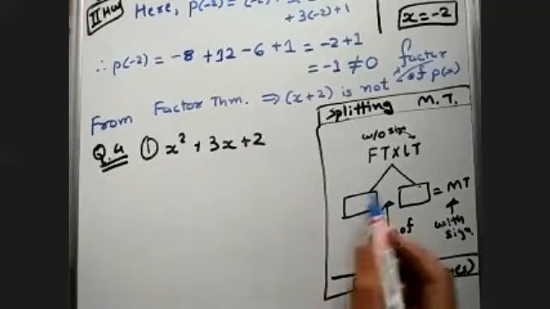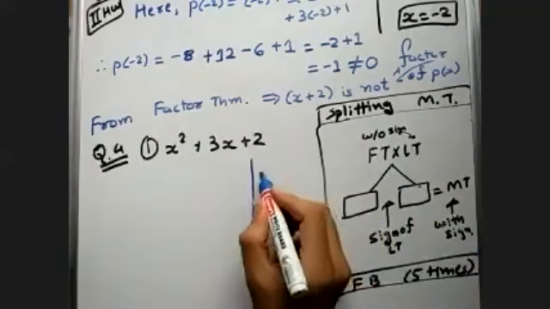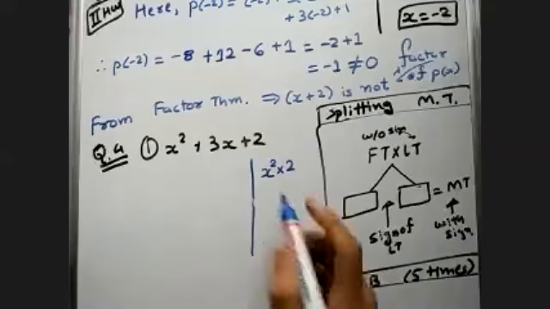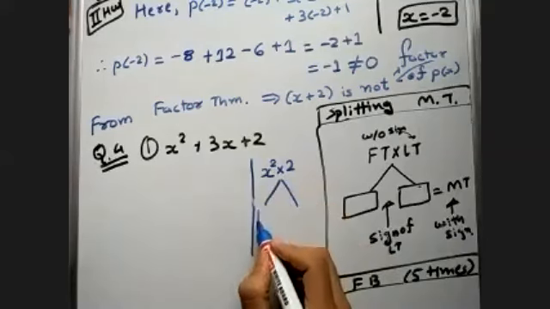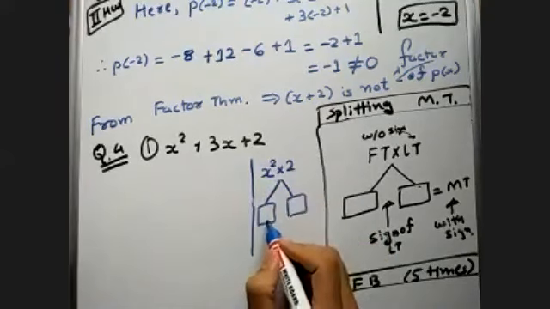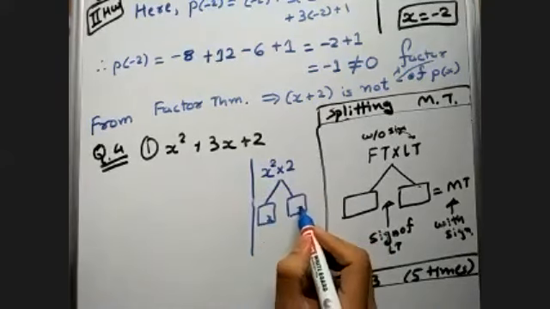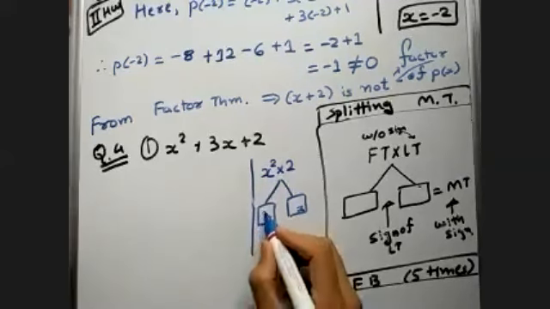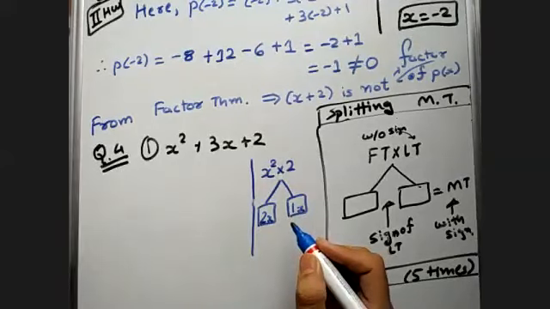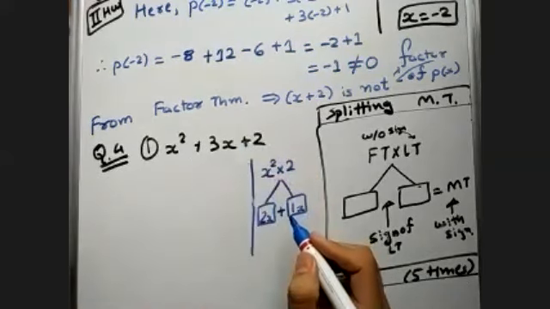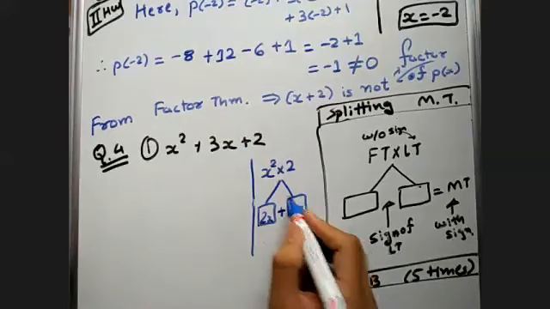First term into last term. First term is x square. Last term is 2 without sign. Now I have to factorize both of them. So factors of x square will be x and x. So I'll keep x in both places. Factors of 2, only 2 factors are there, 2 and 1. Now here the sign of the last term is plus. So 2x plus 1x should be equal to 3x, is it? Yes.